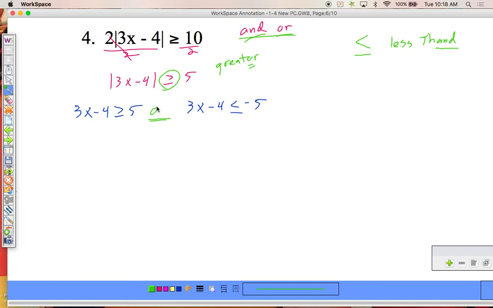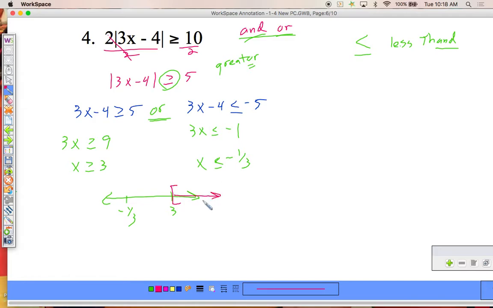So I'm going to put or. I'm going to solve both. I'm going to graph both. So greater than or equal to 3, less than or equal to -1/3.